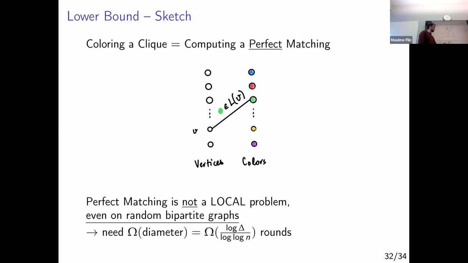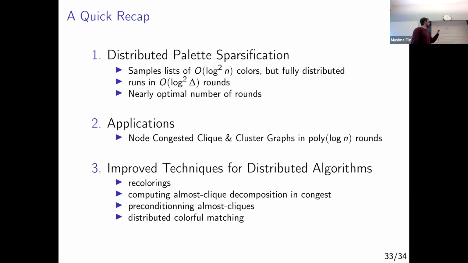And in this random graph, the diameter just happens to be about log delta. The log delta comes from the size of the clique, and the log log from the polynomial sample. So we have a kind of nearly optimal algorithm for at least what we try to do.